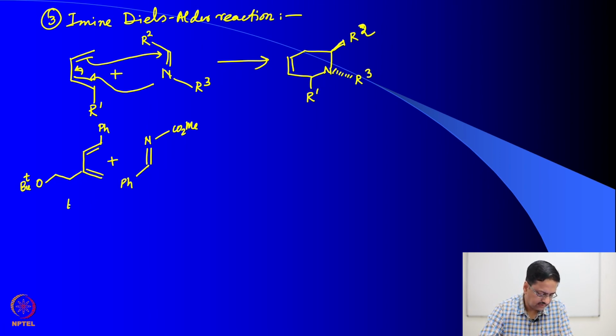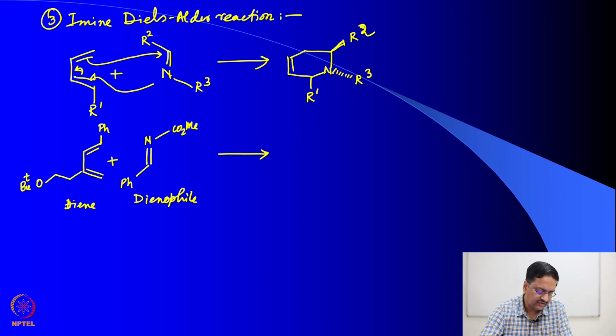So, this is a diene, dienophile, and that contains the nitrogen as the source because it has a C double bond N, which is the imine bond.